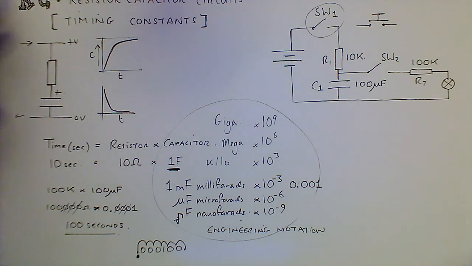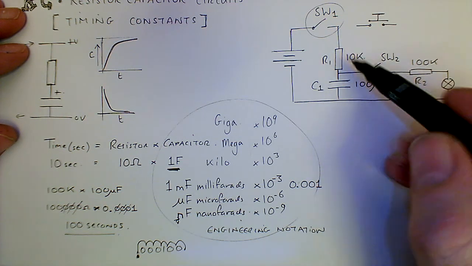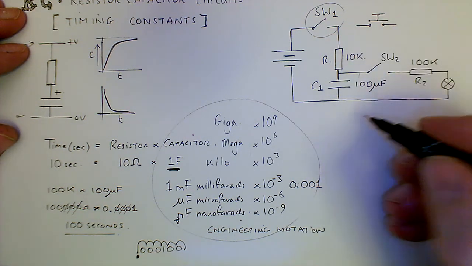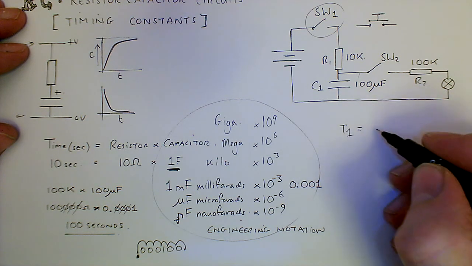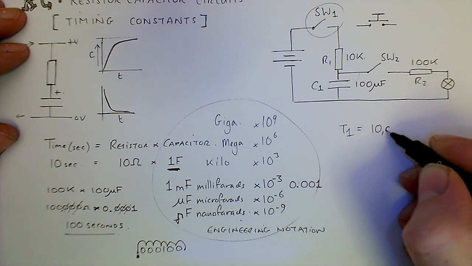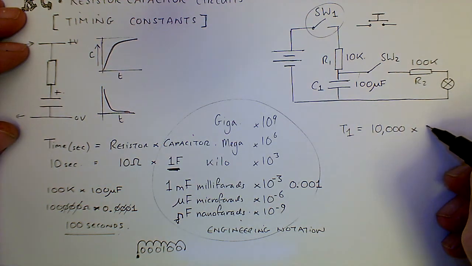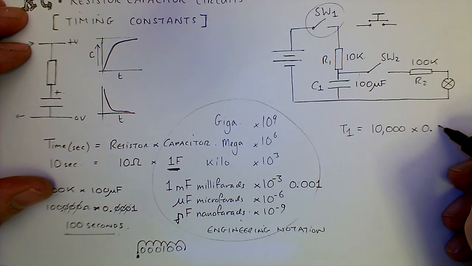Okay, hopefully you've had time to look at that. If I close switch 1, I'm going to have this timing constant. Time 1 is going to be equal to my 10k, 10,000, times my 100. Well, I worked that out here, didn't I?